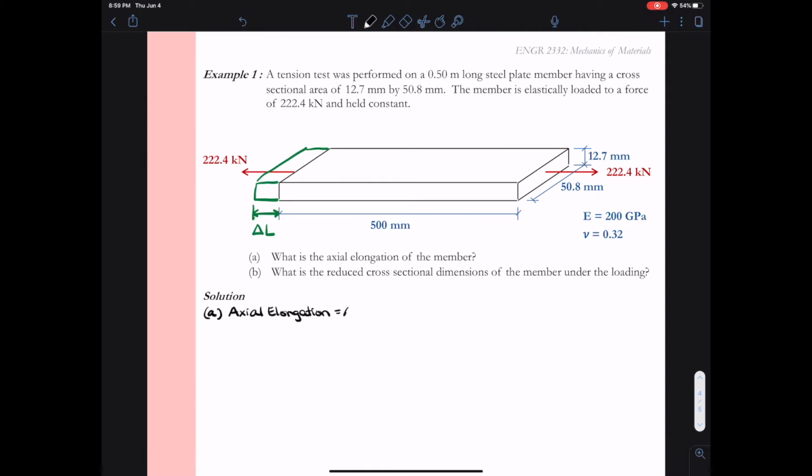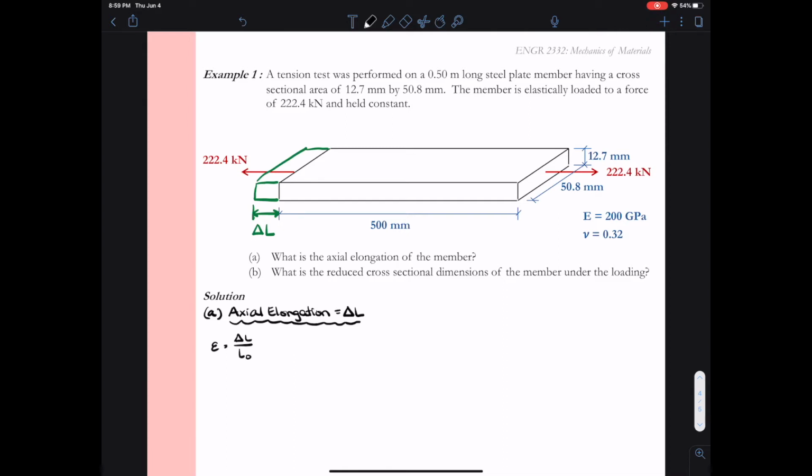So let's think for a second, what formulas do we have to solve for delta L? Well, so far, the only formula that we've covered that has delta L in it is the formula for strain, right? So strain, we said, was epsilon equals delta L over L0.